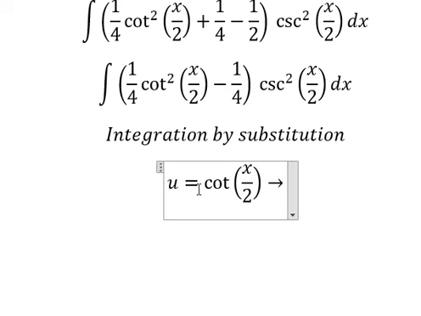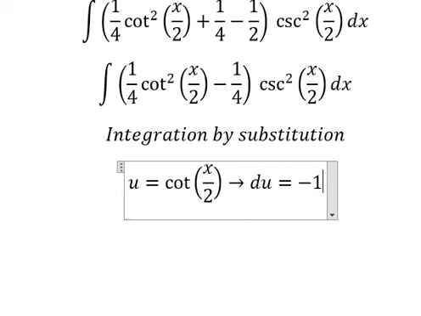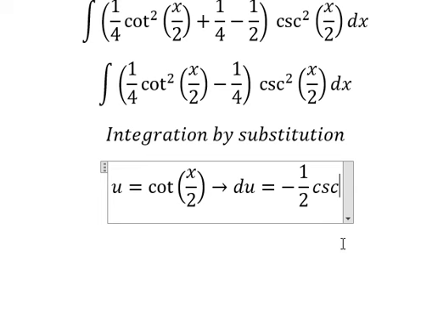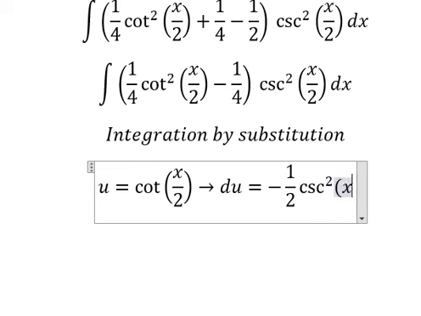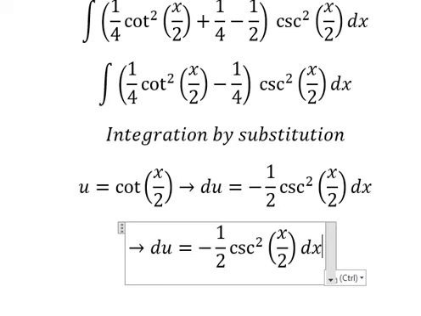Later, we need to do the first derivative for both sides, and we get du equals to negative 1 over 2 cosecant of s over 2 square. Because we don't have negative 1 over 2, I will put this one to the left.